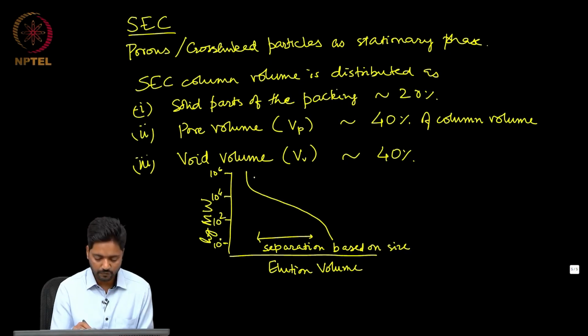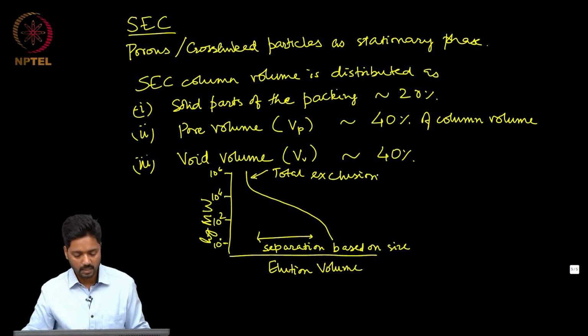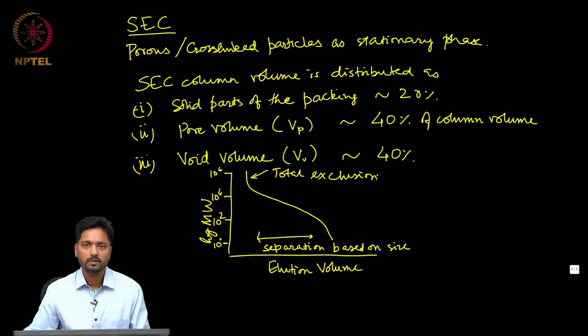In this regime, in the initial phase of the column, we have what is known as the total exclusion. That means the polymer fraction passes only through the void volume and comes out very rapidly out of the column.